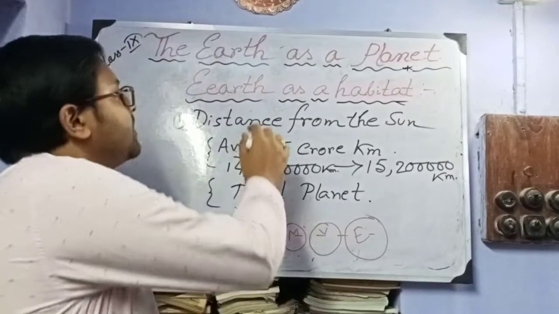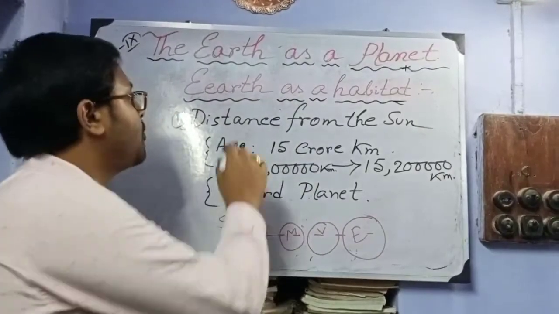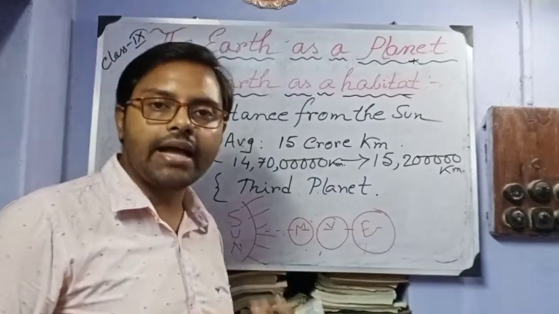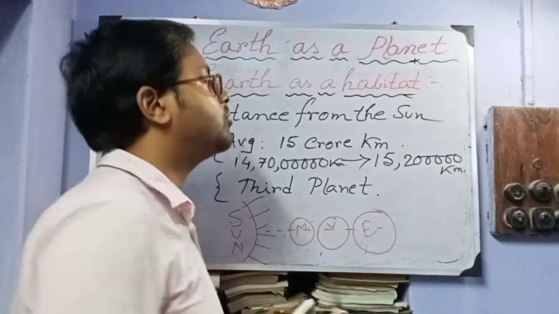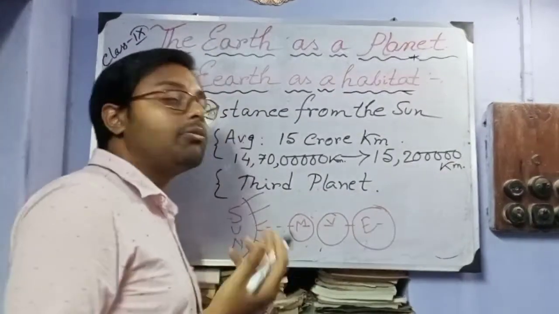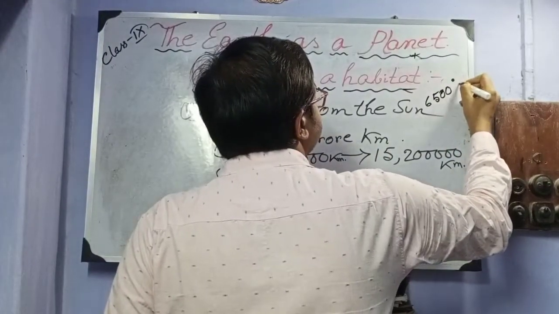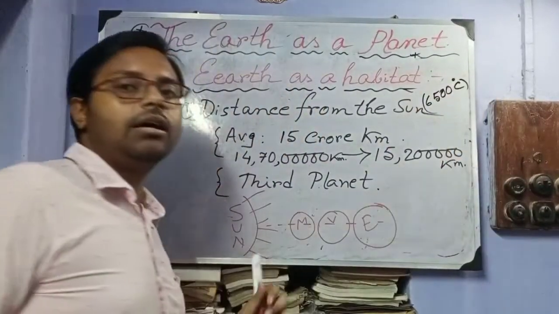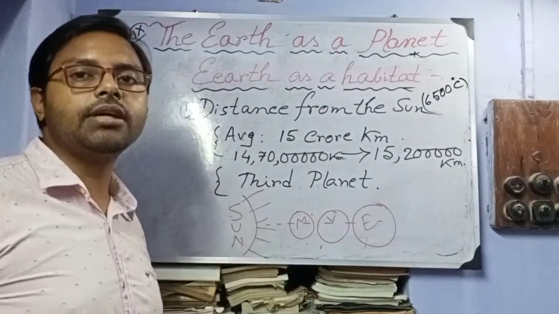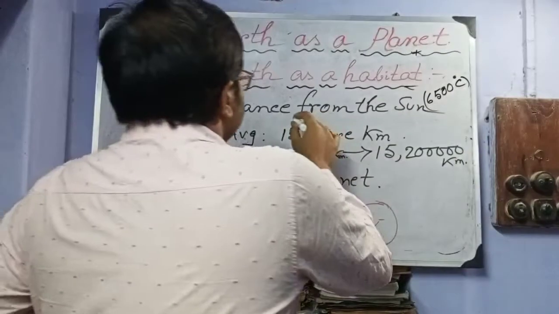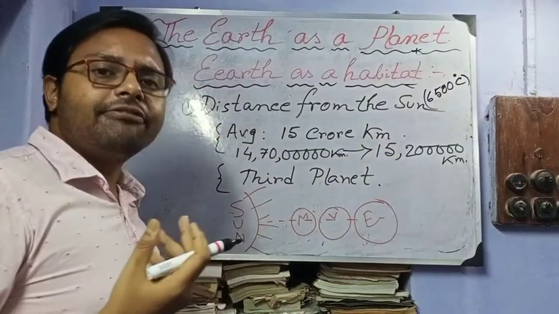To make the earth a habitat, the first point is distance from the sun. The sun is a star, and it has its own heat and light. Near about 6500 degrees centigrade is the temperature of the surface of the sun. So distance from the sun is a factor.